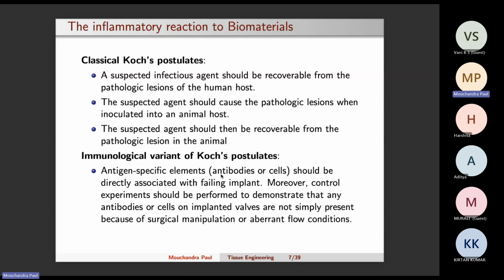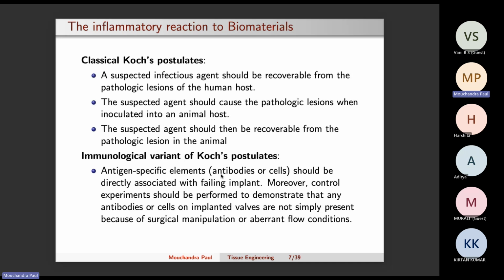All right, and if the device fails, then you have to recover the antibodies or cells from the site of the failed implant, and along with it you have to do some control experiments, because the presence of these antibodies or cells can be due to your surgical step, or can be due to irregular flow conditions of blood. So you have to set control experiments for that.